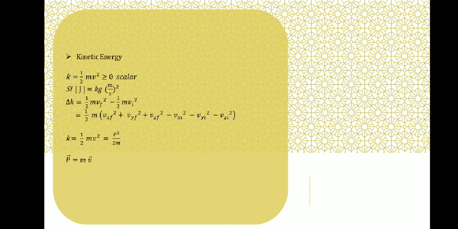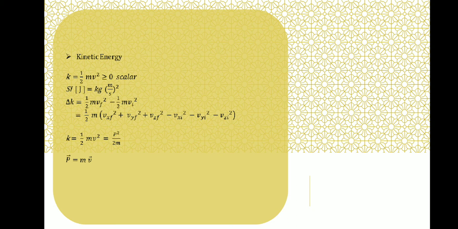Okay, next, kinetic energy. The kinetic energy K is equal to half mv squared. That is a scalar quantity, so it can be zero or positive. The SI unit for kinetic energy is the joule, derived from kilogram meter squared per second squared. Suppose we have an object that first is at rest and then accelerates to a certain speed.